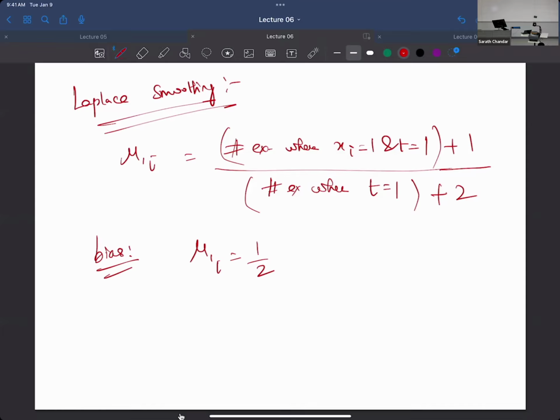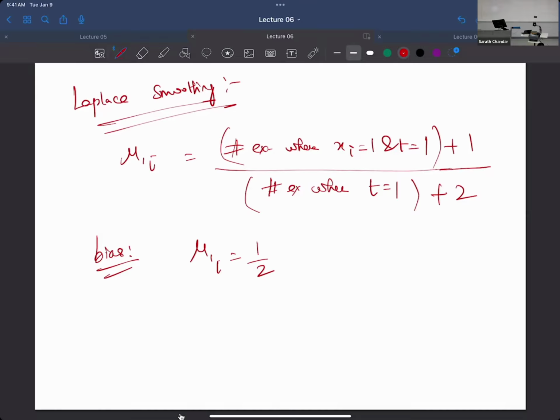Now as you see more and more training documents, let's say this word never occurs. The denominator is going to keep growing, right? First document becomes 3, second document becomes 4, third document becomes 5. The numerator is always just 1 if this word never occurs.